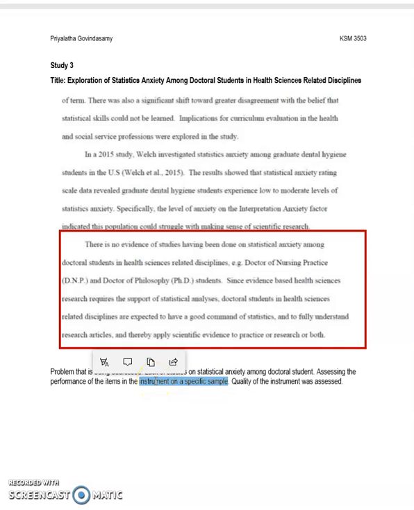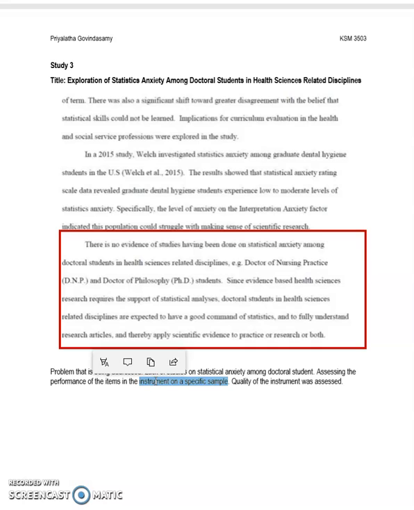Okay, so again, this is another perspective. Initially, we studied the UK population. We looked at the English version of the instrument. Now we are looking into another sample, called doctoral students. Again, we are looking at whether this instrument is appropriate to be used under various conditions.